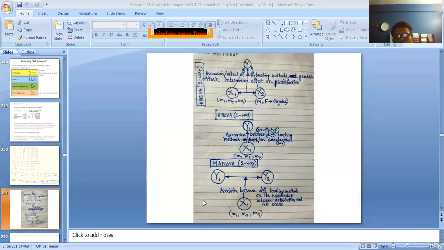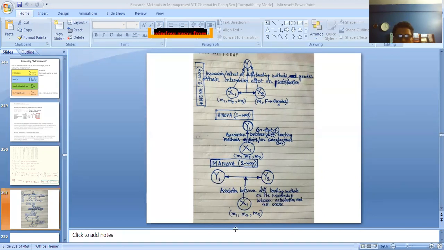But think about this case of two-way MANOVA. There is one independent variable, for example, the teaching method, and there are two dependent variables. Okay, suppose y1 is test score, and y2 is satisfaction score, and you want to test the association between different teaching methods on the relationship between satisfaction and test score.